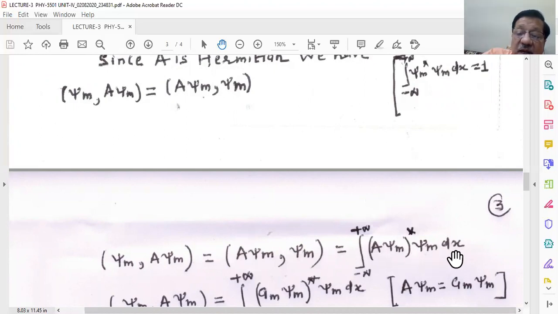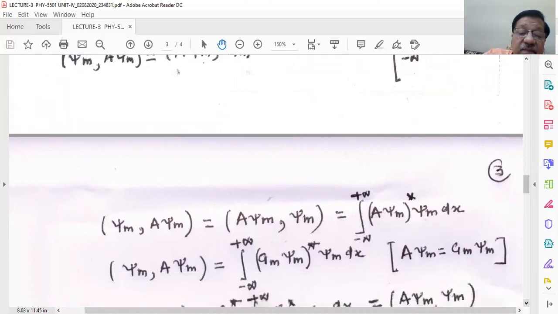Okay, fine. So let us study the next step. You can see I'm writing the same factor here. This is the same factor, left hand side. Now you see, operator A operating on psi m. This is our eigenvalue equation, which you can see.